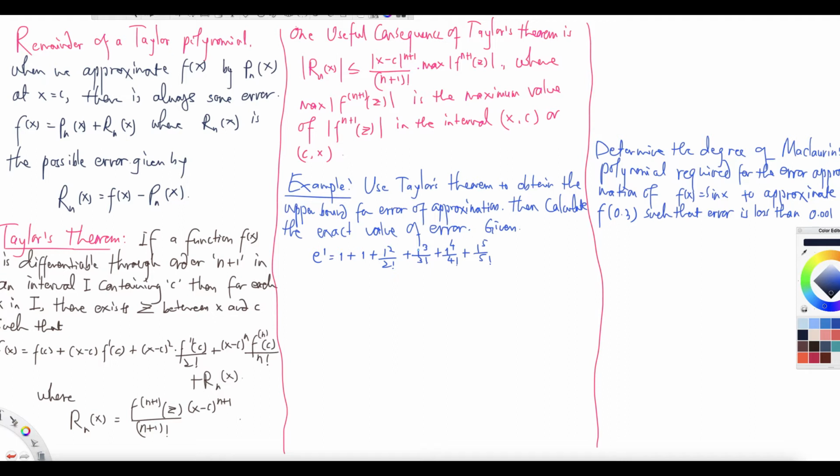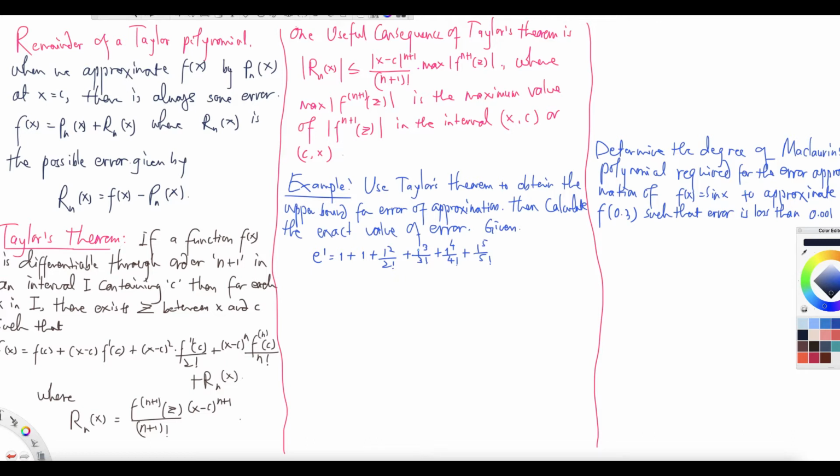But we cannot find a Taylor's polynomial function that gives you the exact same value of the function f(x), because we are using an approximation.